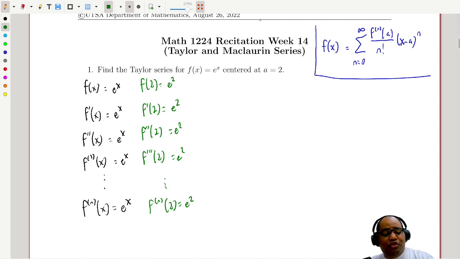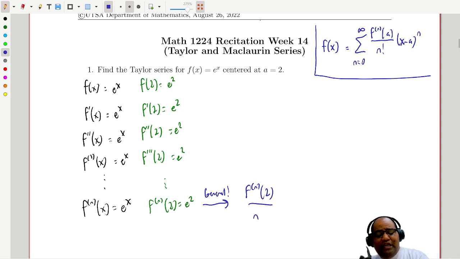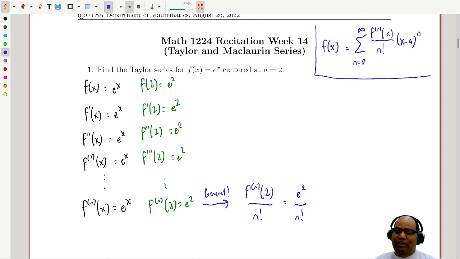So our general term, the nth derivative at 2 over n factorial, is just e squared over n factorial. And so how do we write the Taylor expansion for this one? e to the x near x equals 2 can be represented as follows.